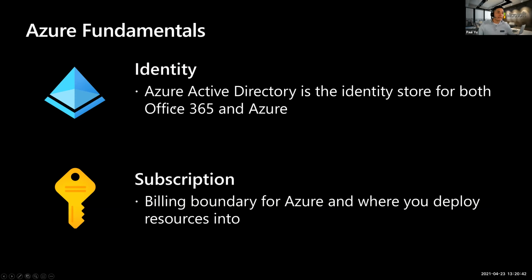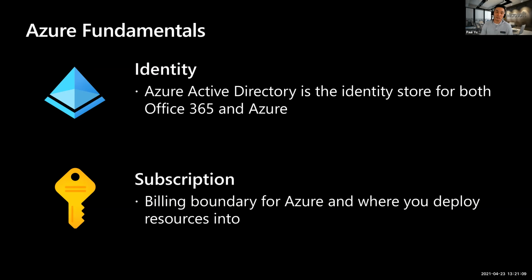Aside from the identity piece, the other thing that becomes super important is the notion of a subscription. If you've done any work in the Amazon AWS world, I think their equivalent of a subscription would be an account. A subscription is your billing boundary for the resources that you deploy. Without a subscription, you can't do anything.